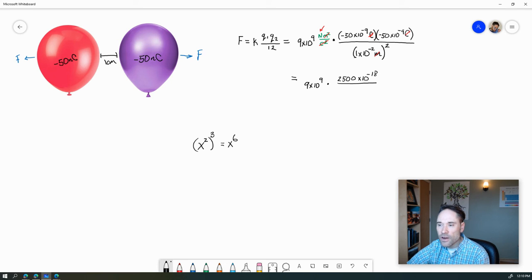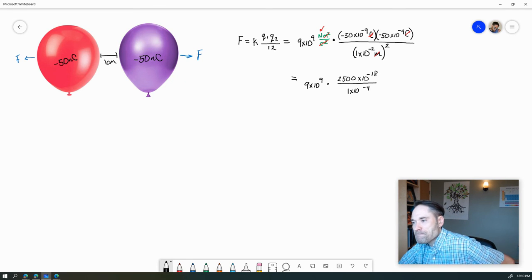If I take x squared instead and I raise it to the power of 5, what do I get? I get x to the 10th. So what's the rule here? The answer is that I'm going to multiply these exponents to get there. So I added on the top, and I'm going to multiply on the bottom. So I would get 1 times 10 to the negative 4 on the bottom.